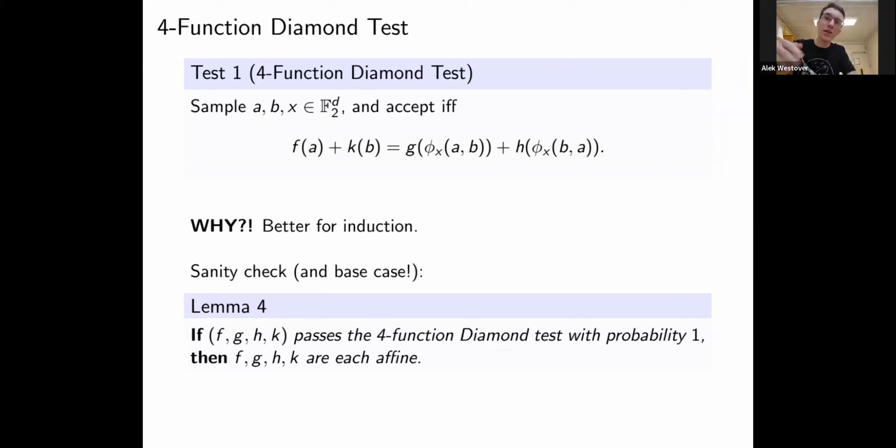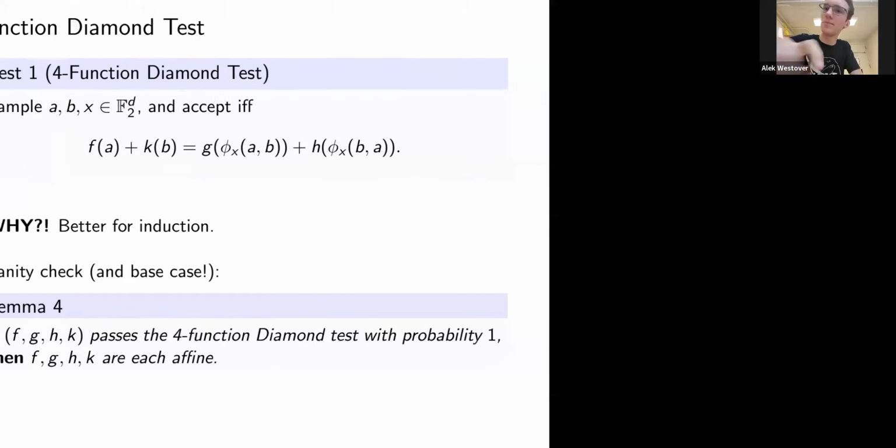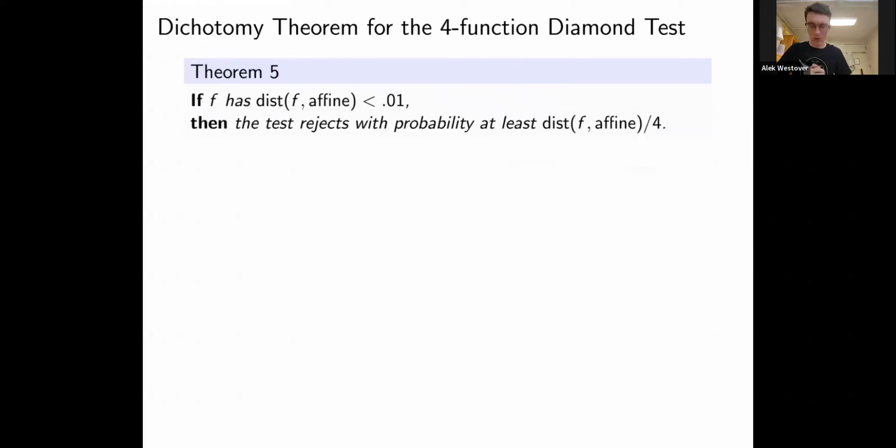So satisfying this thing seems to impose some structure on your function, and so maybe this is a reasonable idea. Okay, so now we're going to get into the second idea, which is the most important.